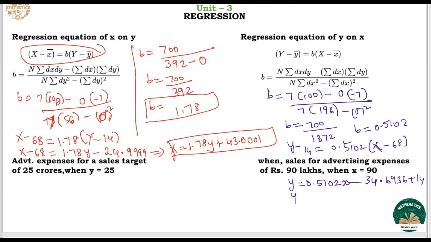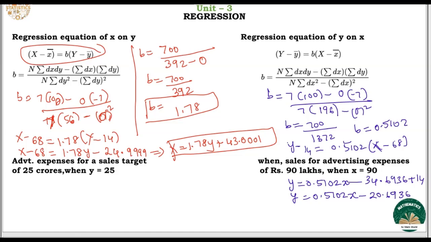If you simplify this, it will be y equals 0.5102x minus 20.6936.